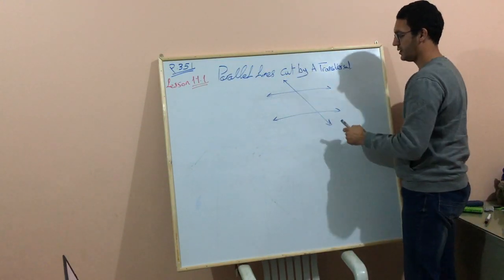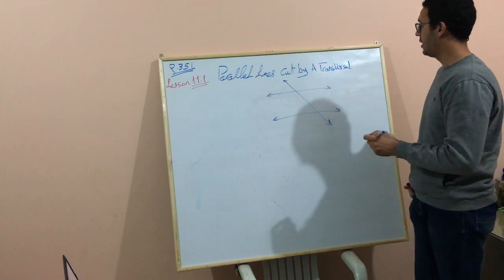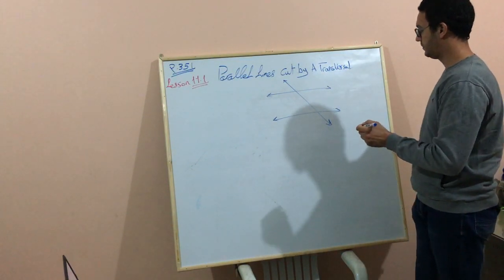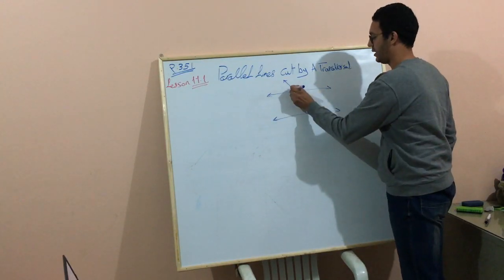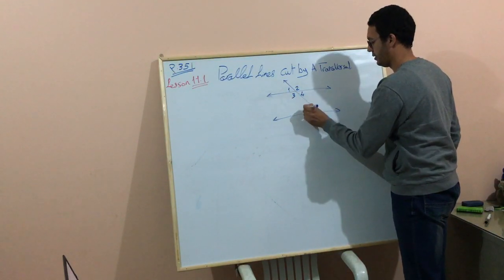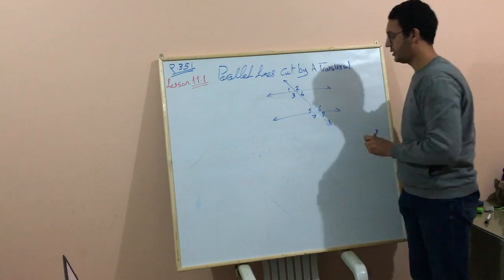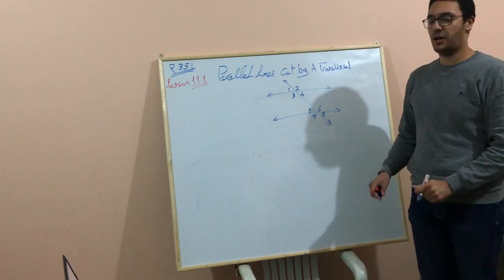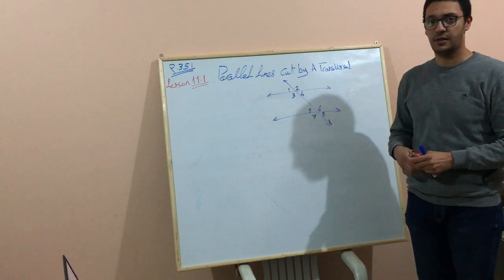So this is a transversal and these two are the parallel lines that are cut by the transversal. These two parallel lines that intersect with the transversal form 8 angles: angle 1, 2, 3, 4, 5, 6, 7, and 8.